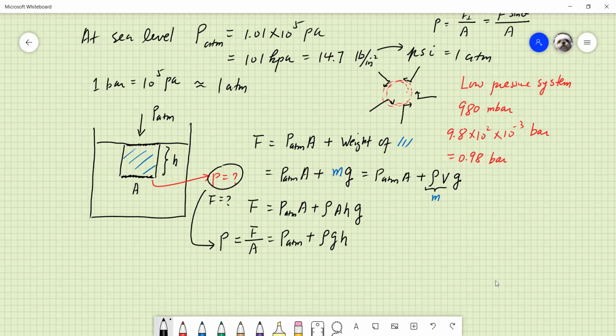So in other words, we can write the pressure at any depth of the water. If you're diving in the water, if you go deeper and deeper, the pressure will get higher and higher. Am I right?